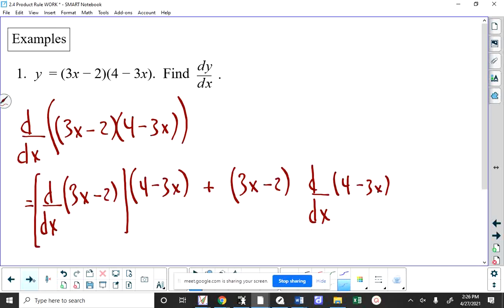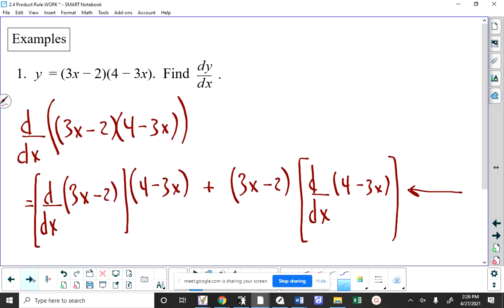Now, a couple of things. That big long set of brackets I have right at the beginning is necessary. Otherwise, it might look like you're taking the derivative of more than you're supposed to be taking the derivative of. This set of brackets is not necessary. The other thing I want to point out to you is what I've just written here is not necessary at all.